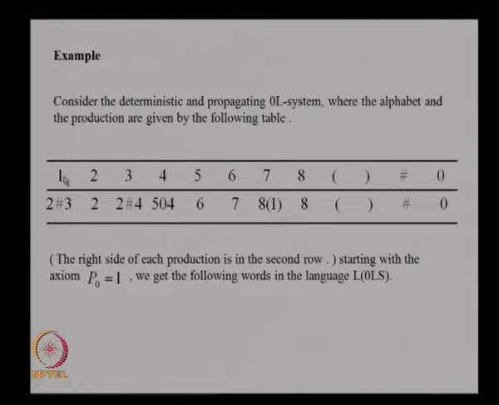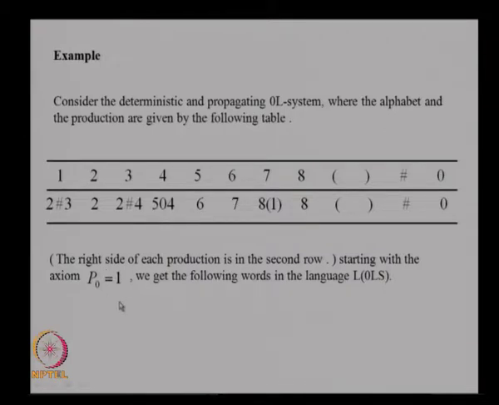The rules are 1 goes to 2 hash 3, 2 goes to 2, 3 goes to 2 hash 4, 4 goes to 504, 5 goes to 6, 6 goes to 7, and so on. And the right hand side of the production is given in the lower row, left hand side is given in the upper row, and you start with P naught equal to 1, the axiom is 1.